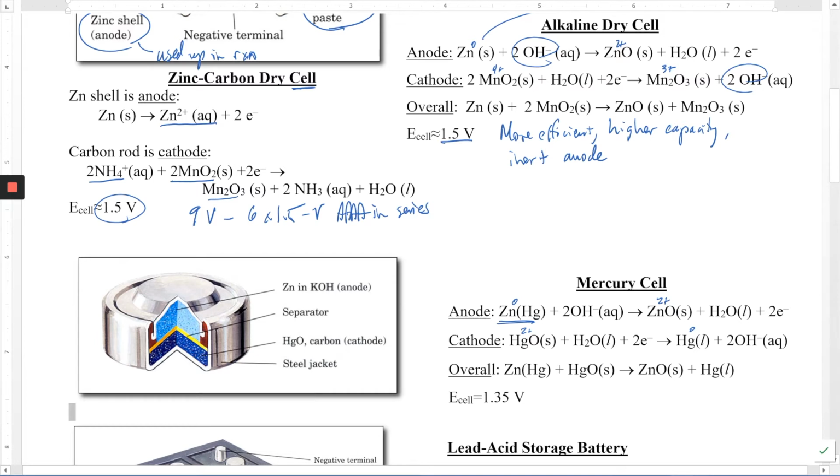Now, these are smaller batteries. They're used in devices like hearing aids or pacemakers or things where we need to have a more stable voltage. And they're higher capacity. And they develop a voltage of about 1.35 volts.